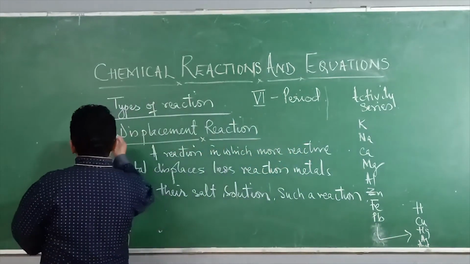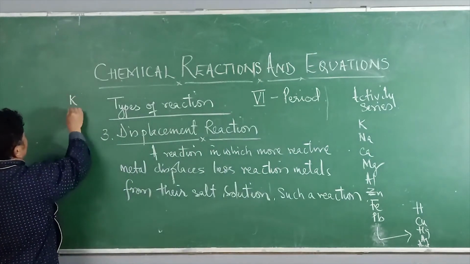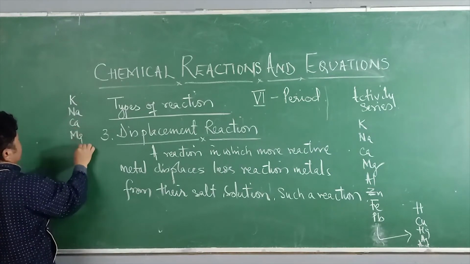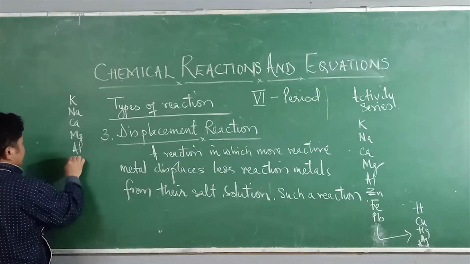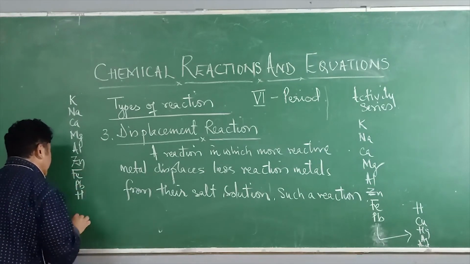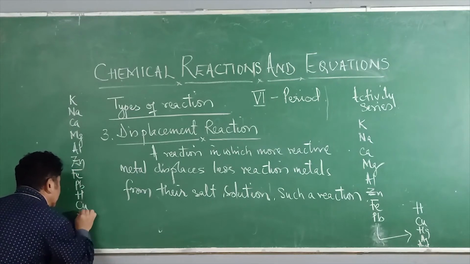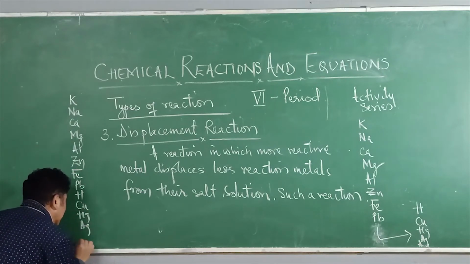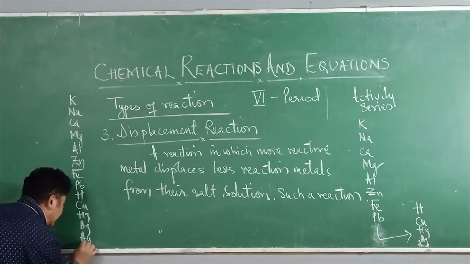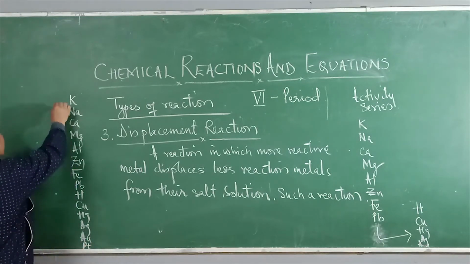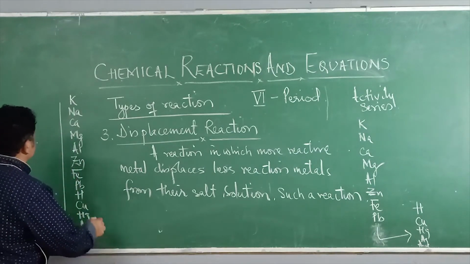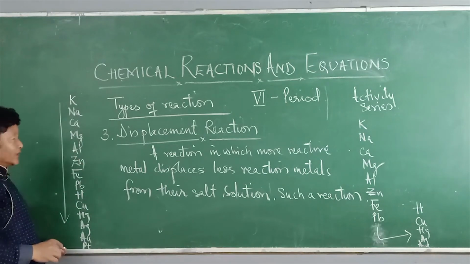Let me write it again here. Potassium, sodium, calcium, magnesium, aluminium, zinc, iron, lead, hydrogen, copper, mercury, silver, gold and platinum. So this is the activity series, metals in the decreasing order of their reactivities.